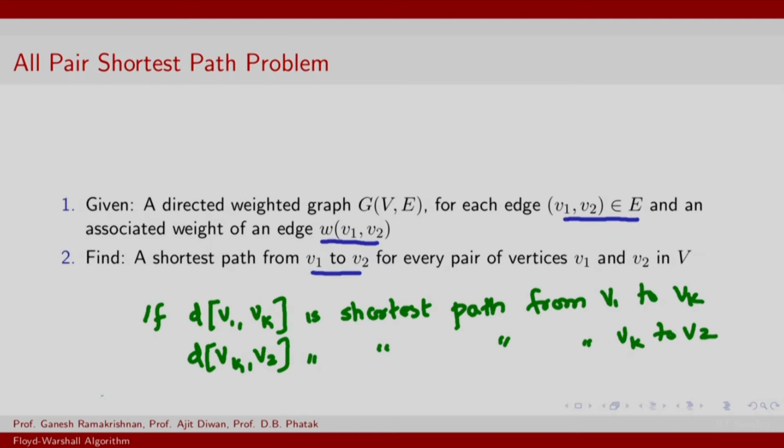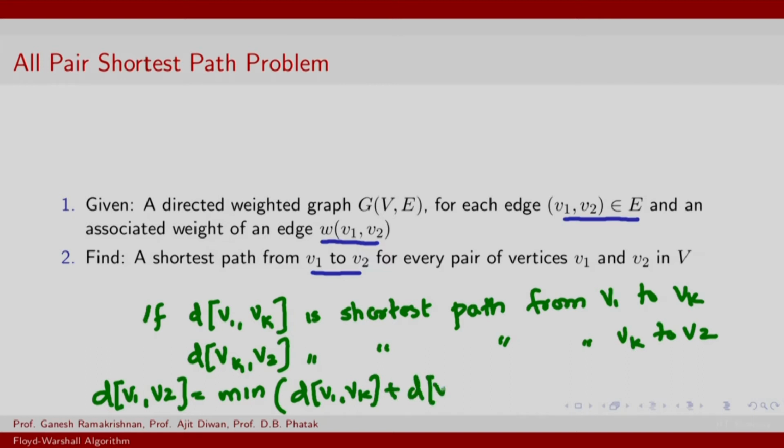So we would expect that d, the shortest path from v1 to v2, is the min of d of v1 to vk and then from vk to v2, and if there is an edge v1 to v2, you might also want to look at weight of v1 to v2.